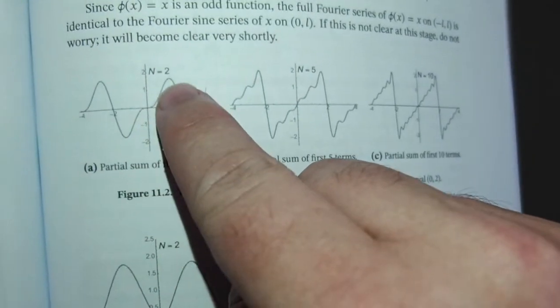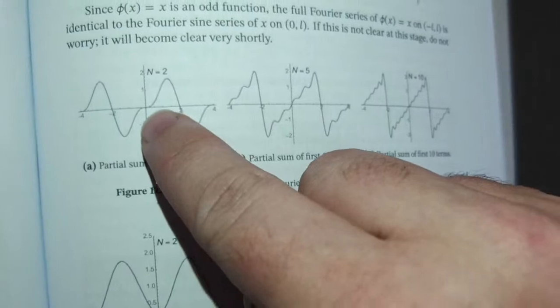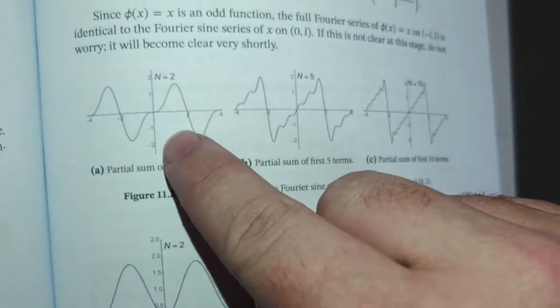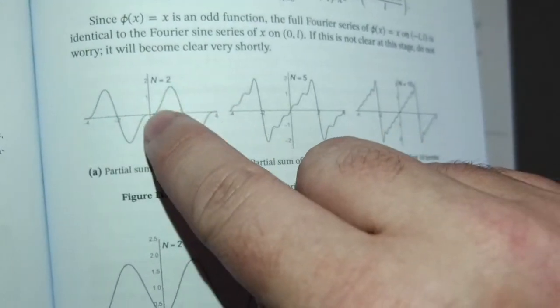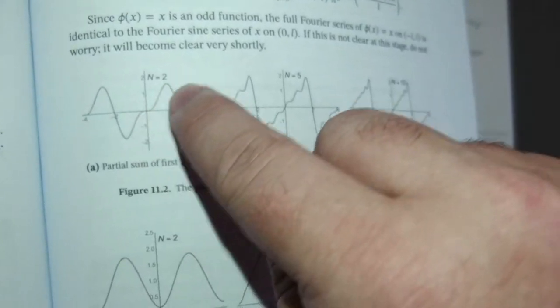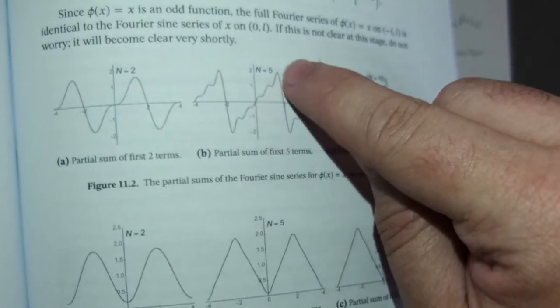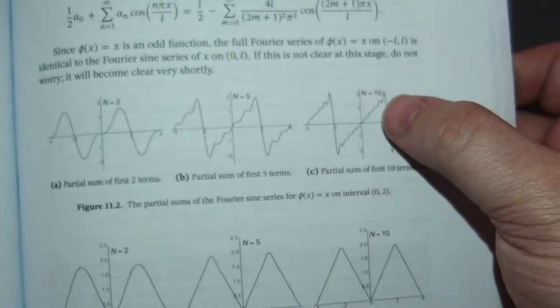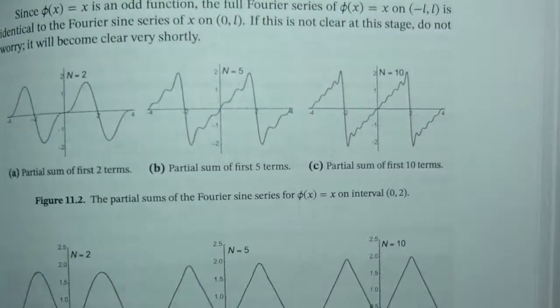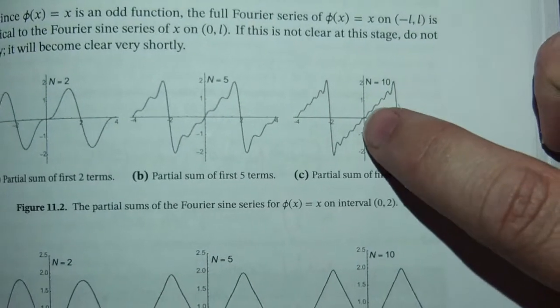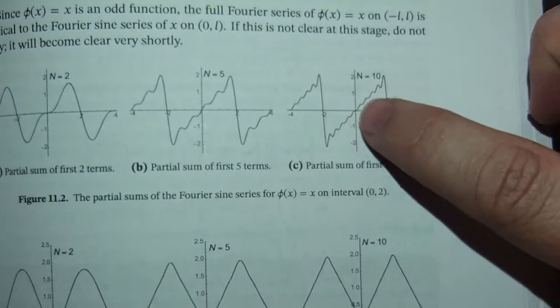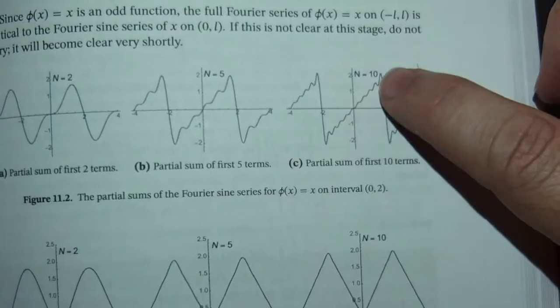From 0 to 2, I have this thing trying to be like x, right? Here in the n equals 5 case, it's getting a little closer. In n equals 10, it's getting a lot closer, right? Okay, so on 0 to 2, it definitely looks like there's convergence happening here.